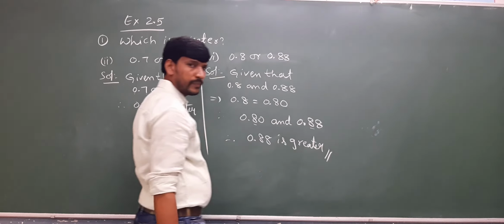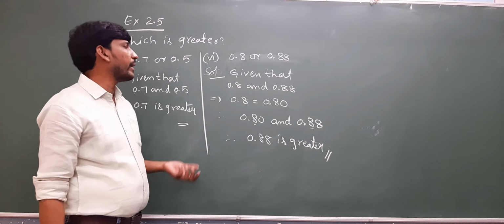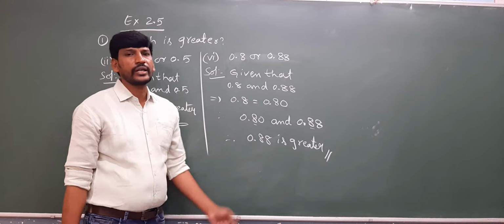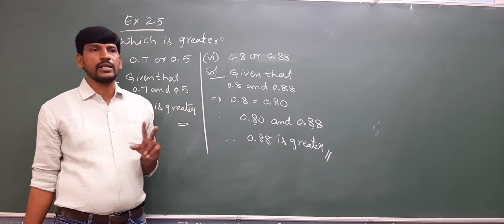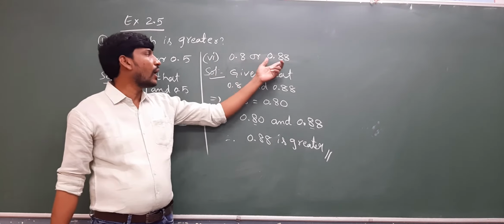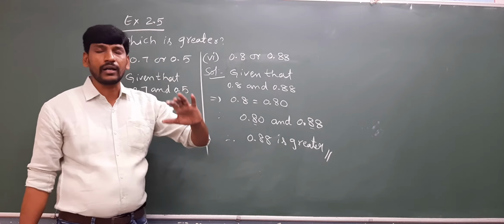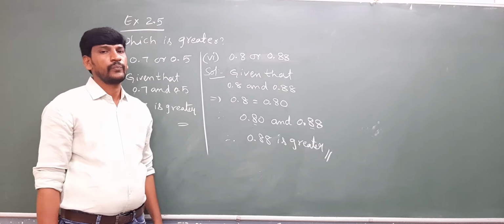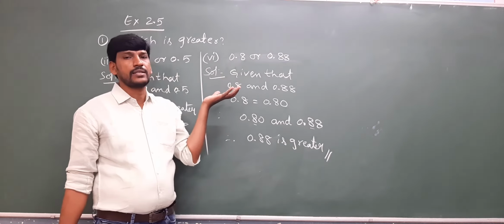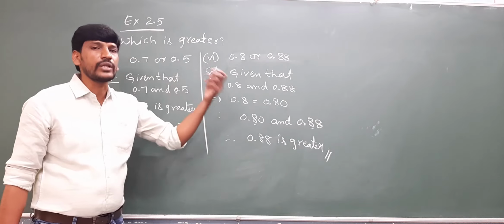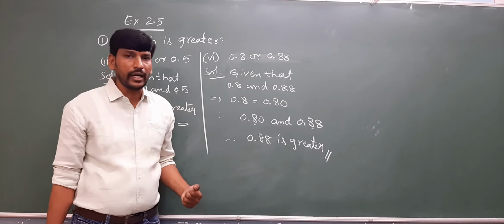Clear, my dears, everyone? See, if you want to compare two decimals, you need to see first of all whether the given decimals are like decimals or not. If they are unlike decimals, you just keep 0 wherever it is required.